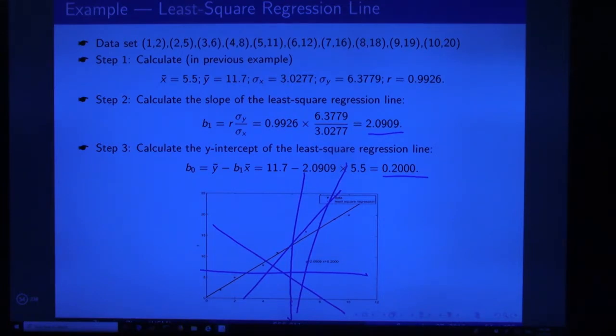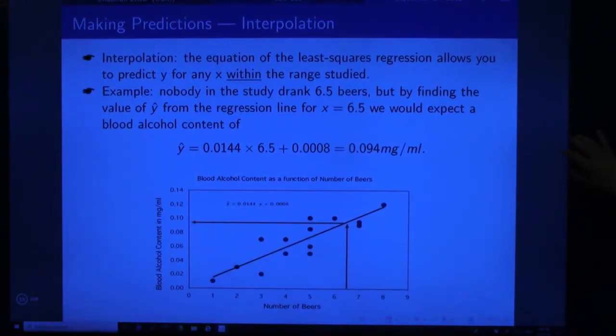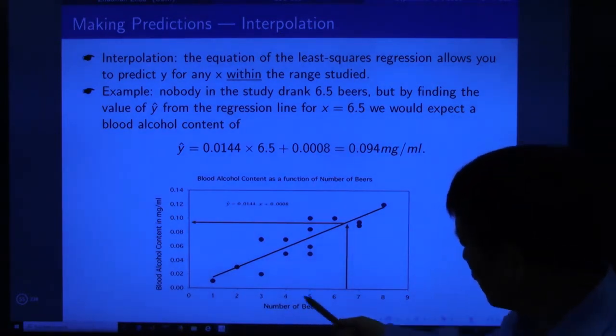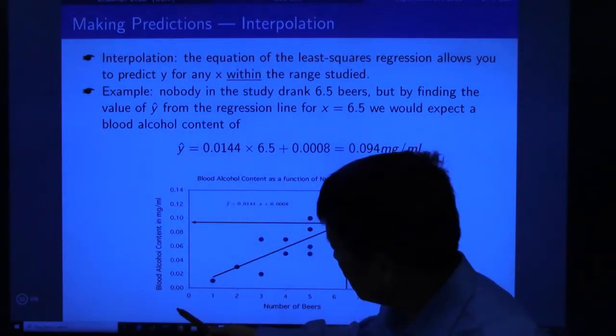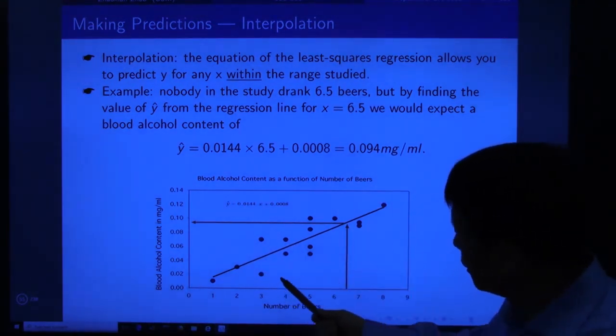The least squares regression line is important. We can use this to do something. The first one is making predictions with the interpolation method. Recall that we discussed this example before: the number of beers on the x and the blood alcohol level on the y, and we have this scatter plot like this.